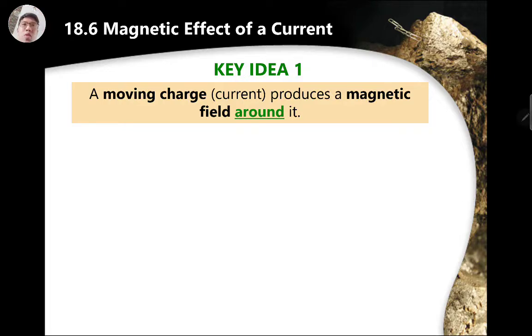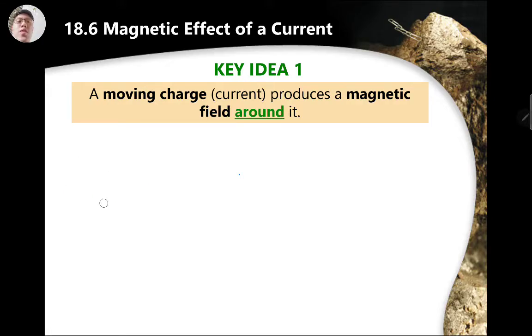When we started this whole electricity and magnetism theme, we started with a static charge, a single charge, whether it was a positive charge or a negative charge that we call an electron, and when a charge moves, we get a current. If you remember in a circuit, you have your positive and your negative, and when you have a charge that moves, so let's say you have a positive charge that moves, you get a current. A flow of charge is a current. So a moving charge or a current produces a magnetic field around it.